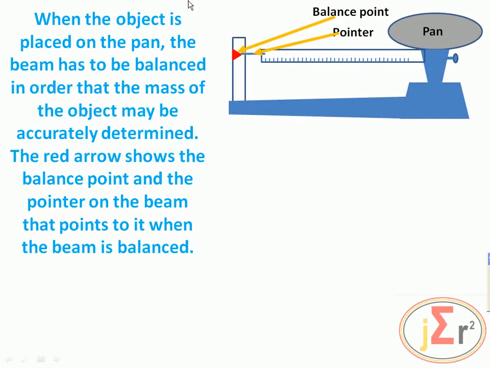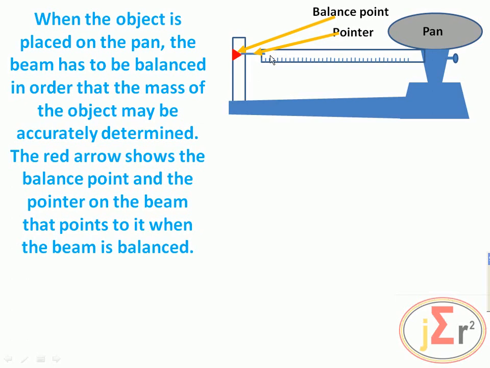The red arrow shows the balance point. So right at the tip of the arrow that we have here is the balance point. And also we have a pointer here at the end of the beam, and this pointer must be pointing to the what? Balance point, which is the point of this red arrow that we have here.